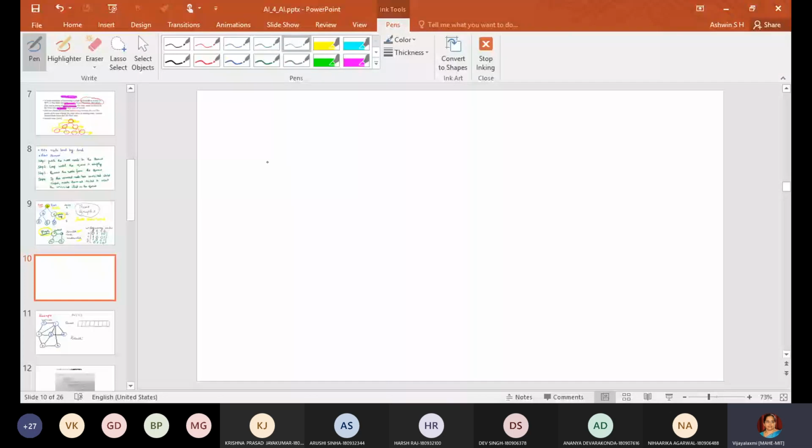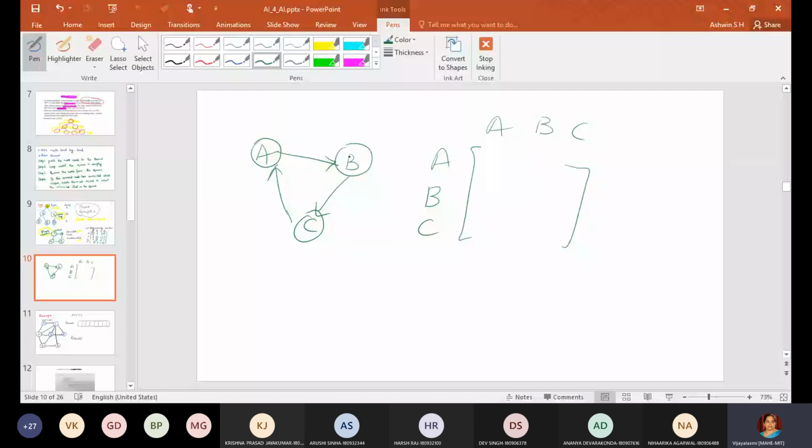Say you have A, B, C. Now when you are writing the adjacency matrix for A, B, C, so here for A it is B only, here it is 1. Okay, the remaining 0. For B it is C, this is 1. For C it is A, it is 1. Like this you have to represent.